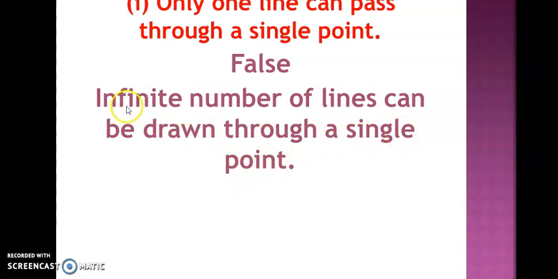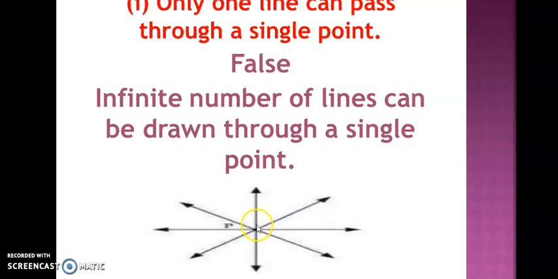You know that, isn't it? Through a single point, we can draw an infinite number of lines like this. Here is a point P, no? This is a single point, one point. From this single point, we can draw many lines, isn't it? So the statement given is false. An infinite number of lines can be drawn through a single point.